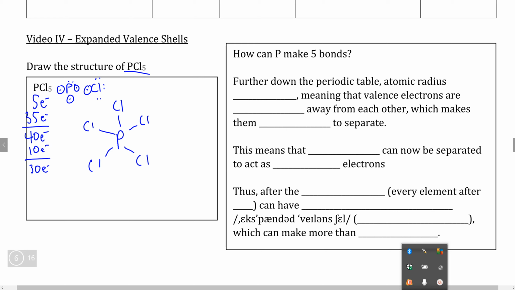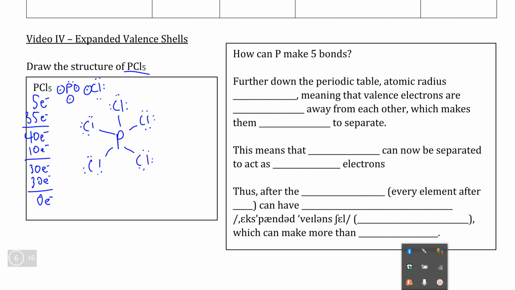Each chlorine has 2, 4, 6 electrons in their lone pairs, so 3 lone pairs. So that's 6, 12, 18, 24, and if you actually count, that means that we have now added 30 electrons just by putting chlorine's lone pairs on, which means we have no electrons remaining, which means that we're done.